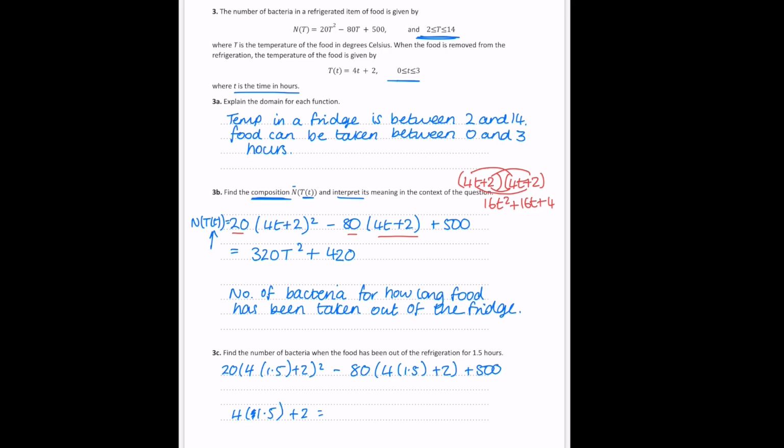And either method there, it doesn't matter which one you pick, you will get 1,140 as your final answer. So you can substitute that in 3 different ways and you can pick which one you would have preferred to use.